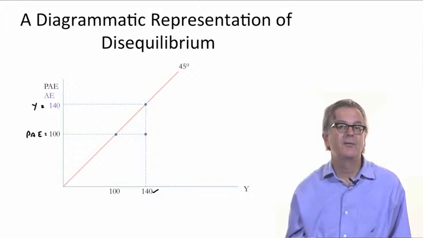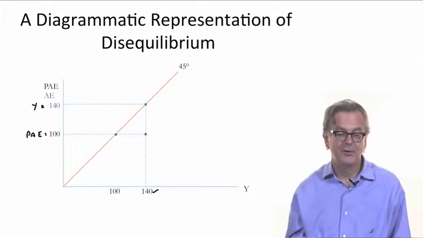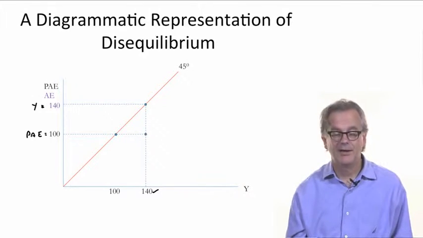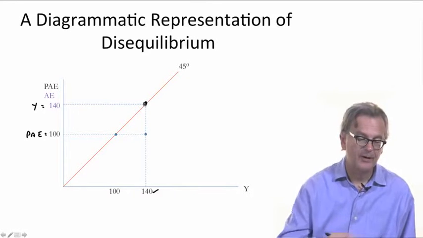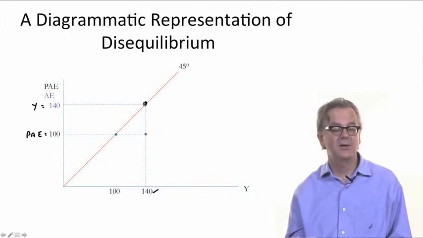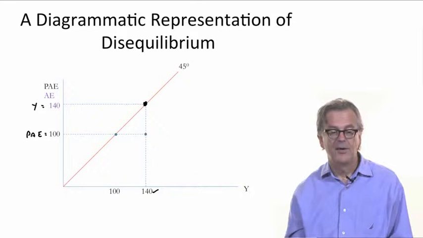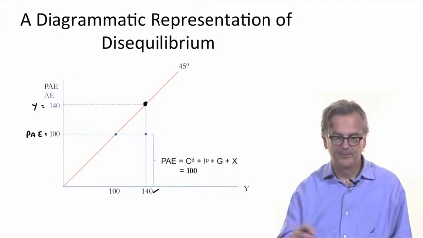So that this 45-degree line that we previously used to illustrate what an equilibrium would look like also comes into play here, reminding us of the equality between GDP and aggregate expenditure. But here we are not looking at an equilibrium, we're looking at a disequilibrium.